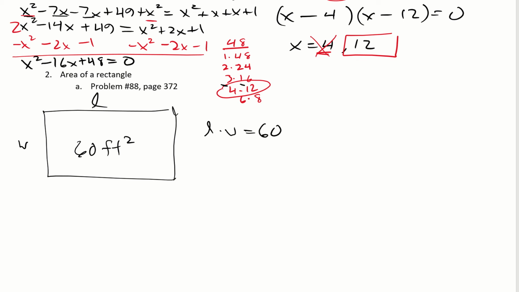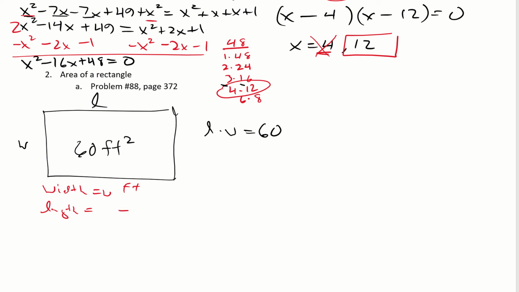I didn't finish reading it. Determine the length and width. Here you go. If the length is 2 feet less than twice the width. If the length, okay, width is W feet. Length is, okay, L feet, but also 2 feet less than twice the width.